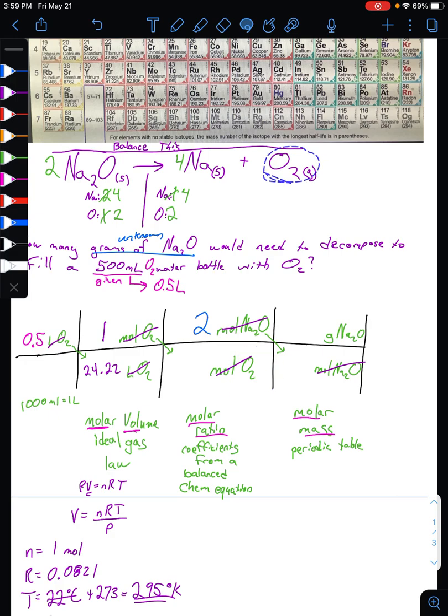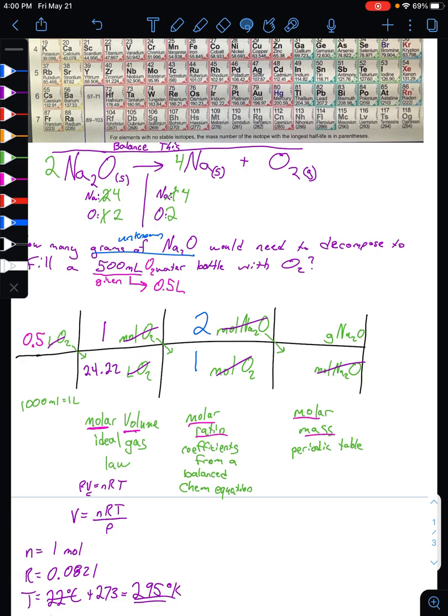Find O2 up here. Good. The coefficient that is unspoken but is there is a 1. Just to be clear, this is a 1 for a different reason than this is a 1. This is a 1 because molar volume is always per 1 mole. This is a 1 because the coefficient happens to be a 1 once it is balanced.